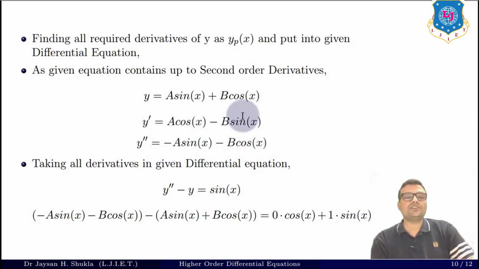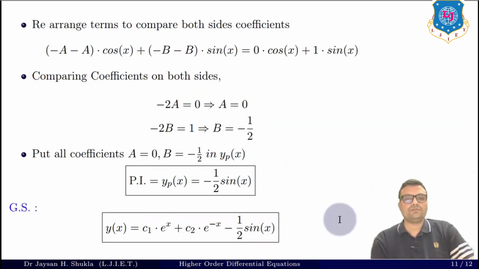Taking all these values into the given equation will give me minus a sin x minus b cos x minus a sin x plus b cos x equals, I need to write this in terms of the elements of the differential basis, so it is 0 cos x plus 1 sin x.